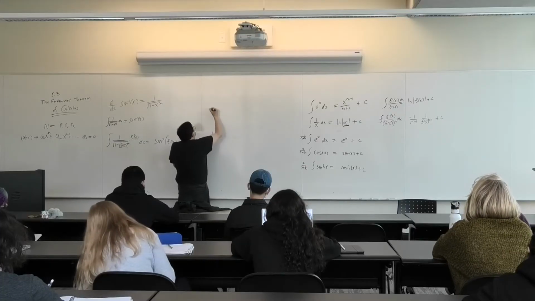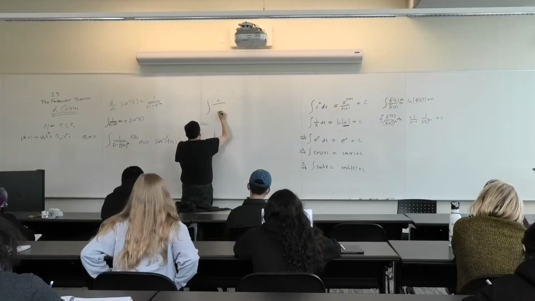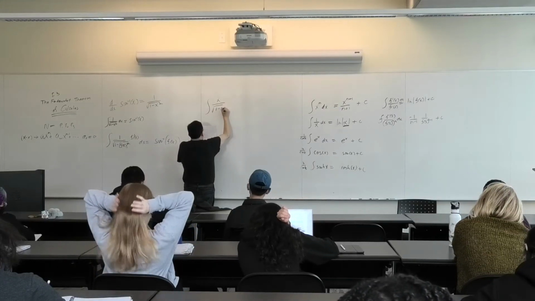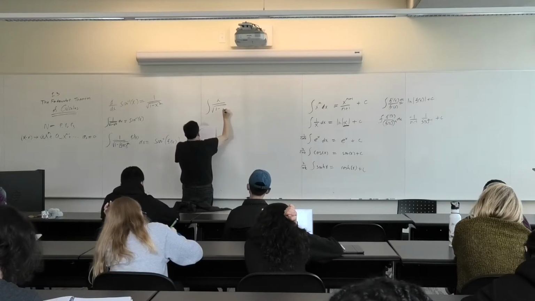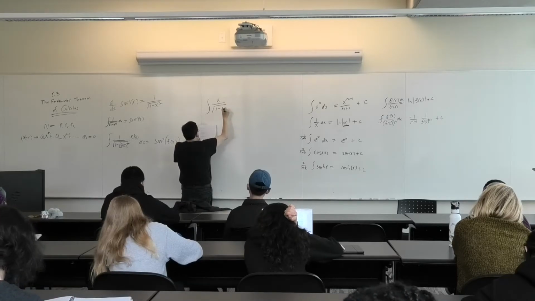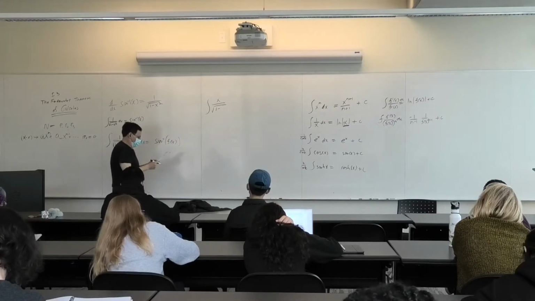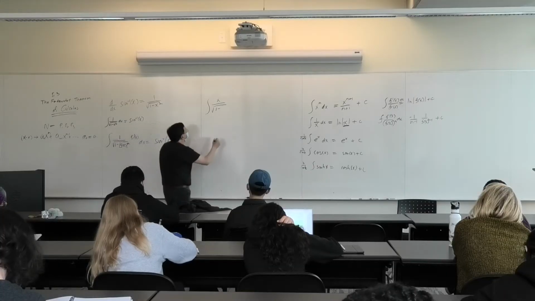So let's take a look at this example: x over the square root of 1 minus x to the fourth.